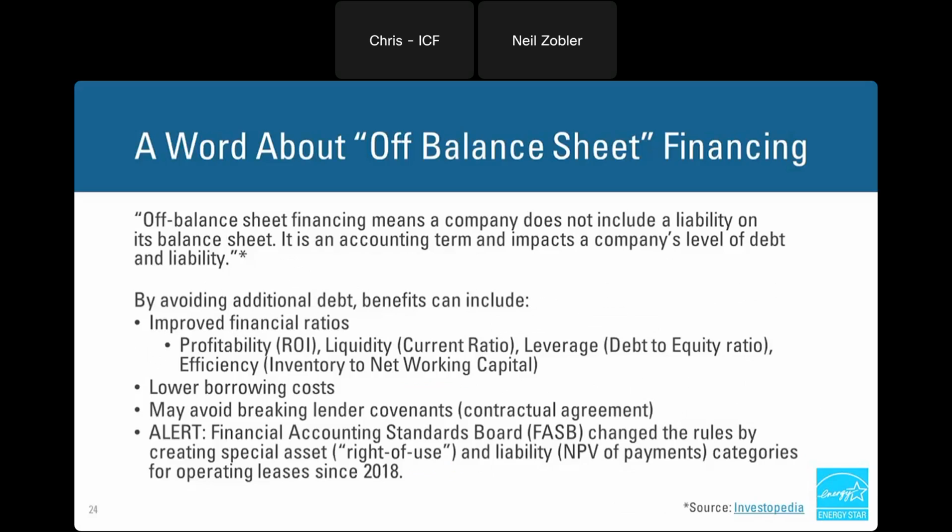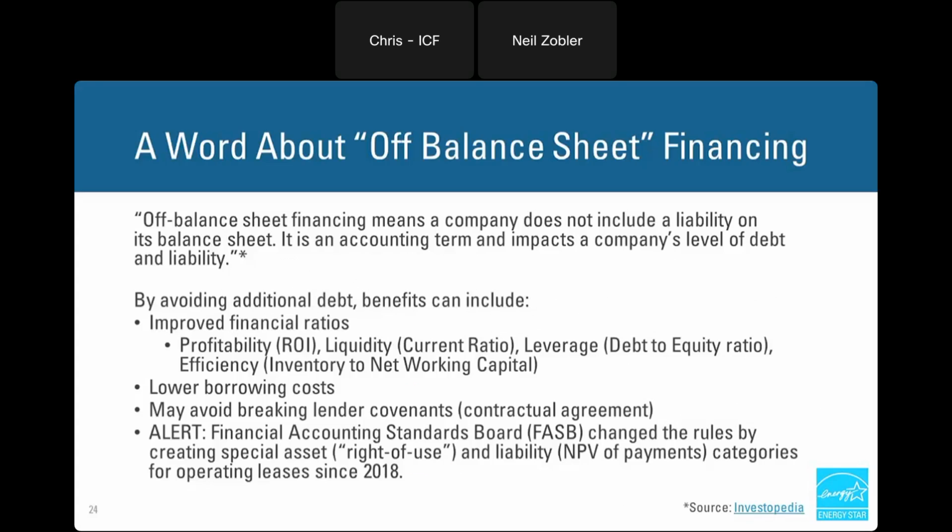Now, before I get into further types of structures, I want to give you a quick word about off-balance sheet financing. In the technical definition it means a company does not include a liability on its balance sheet. It's an accounting term, and it impacts a company's level of debt and liability. What does that mean?